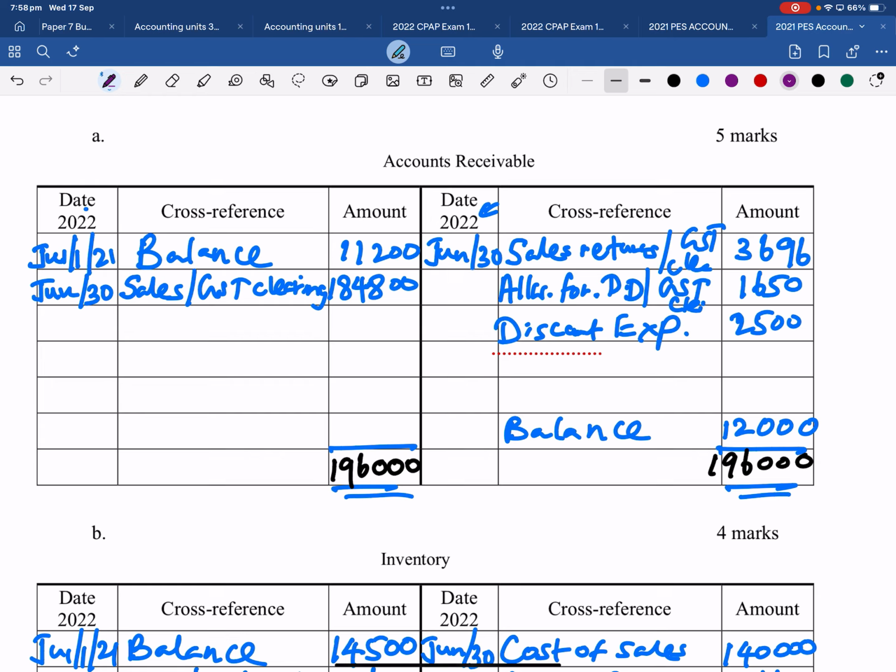Then the other one I'm going to find. What are we going to find here, guys? Yeah, bank. Yes. So receipts from accounts receivable. Yes, bank.